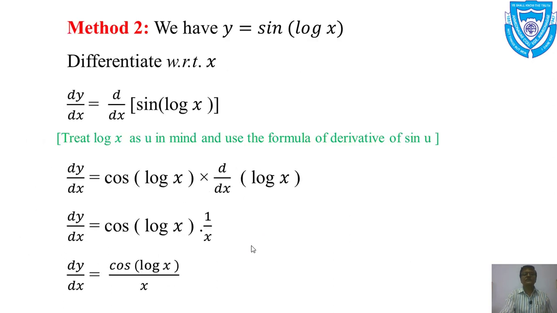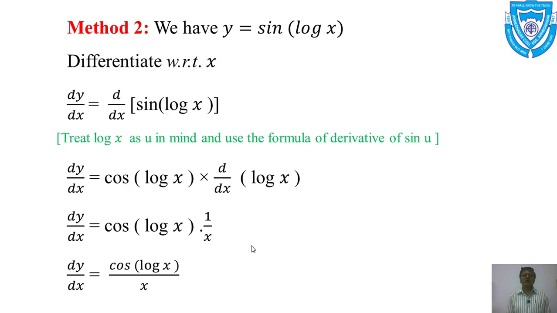Next we solve the same problem, sine of log x, by another method. Now in this method we do not write the label u. We directly differentiate sine of log x, treating log x as u. So the derivative of sine u is cos u.